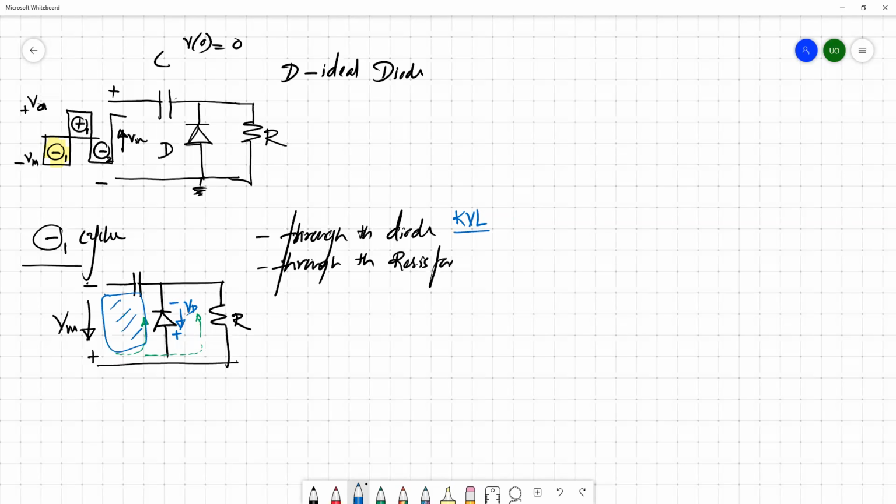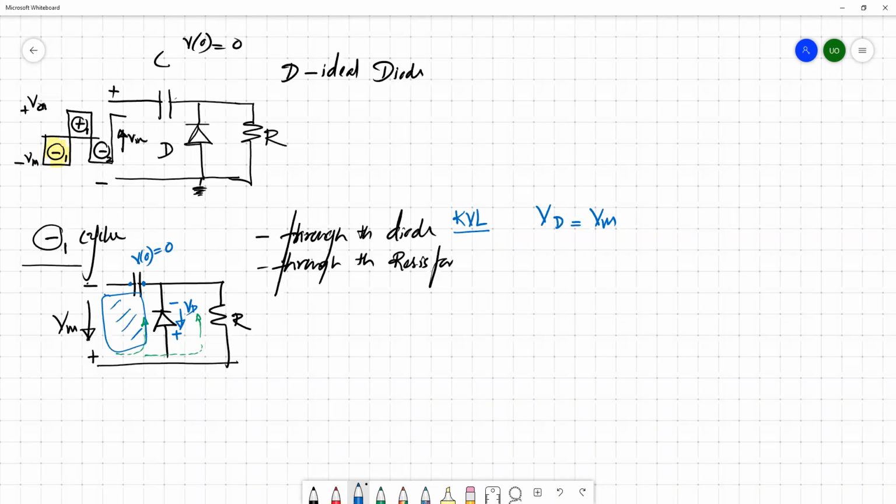VD should equal Vm, because initially the voltage across the capacitor is 0, so there won't be any charge across this capacitor. Then we can assume that at that particular time the capacitor acts as a short circuit element, because the voltage drop across the capacitor at T equals 0 is 0.